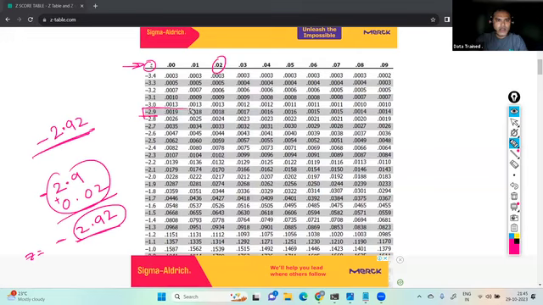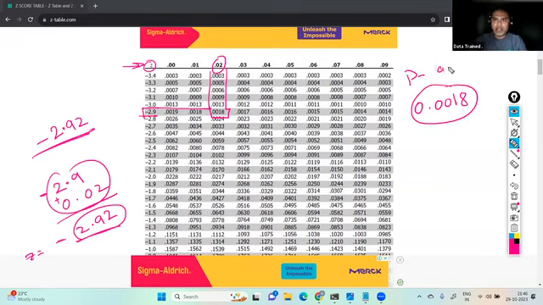Where they converge, they converge over here, 0.0018. So what is this value? This value we call the p-value. What is a p-value? We will discuss how this is going to help us.